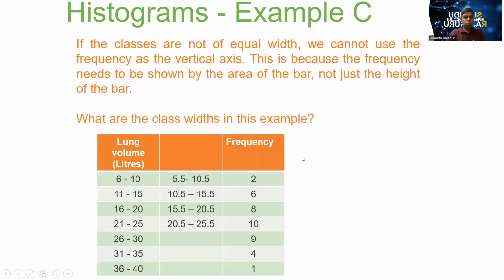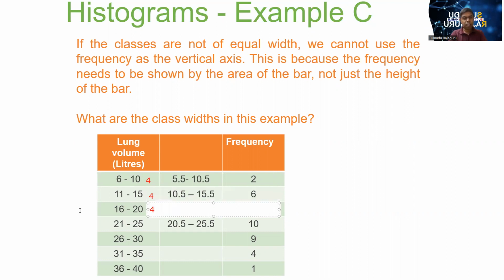When we see this one, what is the class width in here? 4. When we come here also, class width is 4. Class width means we have to deduct the front number from the last number. 15 minus 11 is 4. 20 minus 16 is also 4.